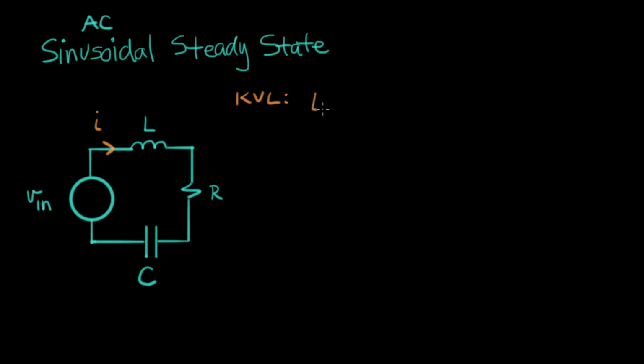We had L times the second derivative of I, plus R times the first derivative of I, plus 1 over C times I. These are the voltages: each of these individual terms is the voltage across one of these components.